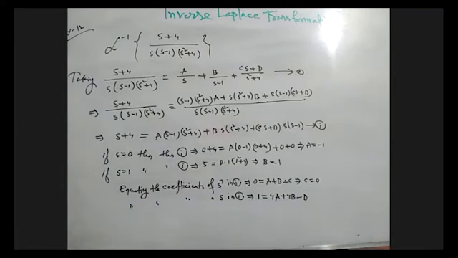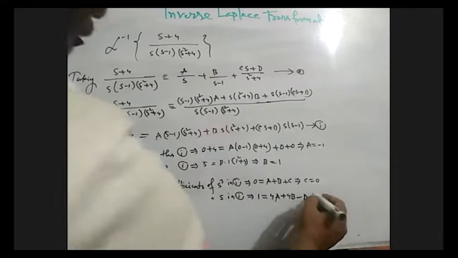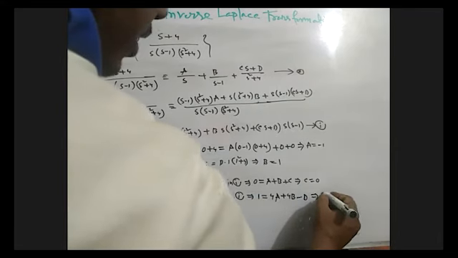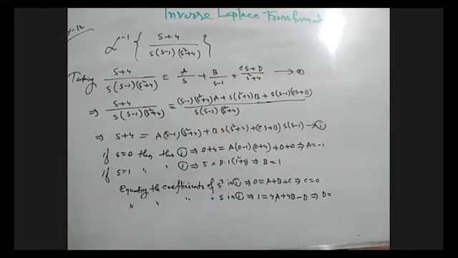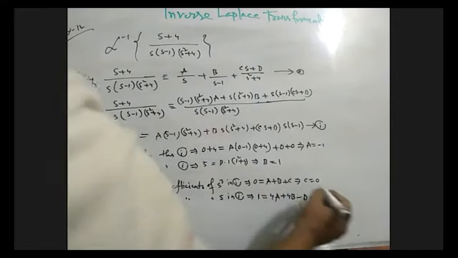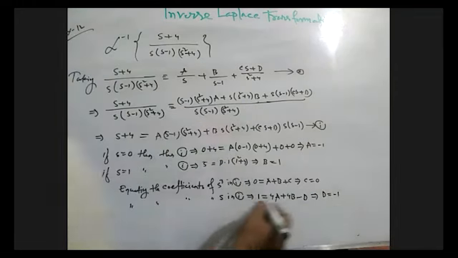That means we get 4a plus 4b minus d. From here, putting the values of a and b, where a equals minus 1 and b equals 1, we get d equals minus 1.